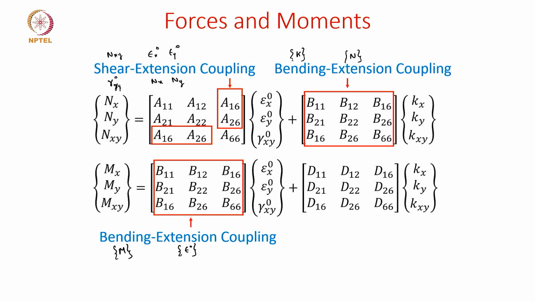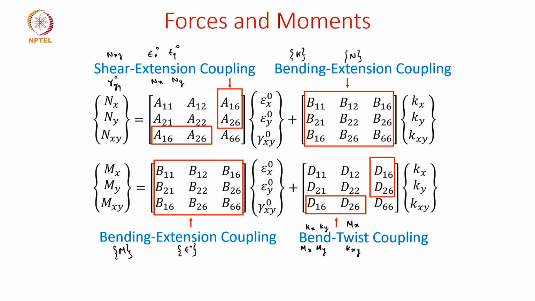And lastly, when we look at the D matrix, here too D16 and D26 have a special interpretation because they connect bend and twist. So bending of Mx and My is connected to the twist kxy, or these D16 and D26 connect your bending kx, ky with the twist Mxy.